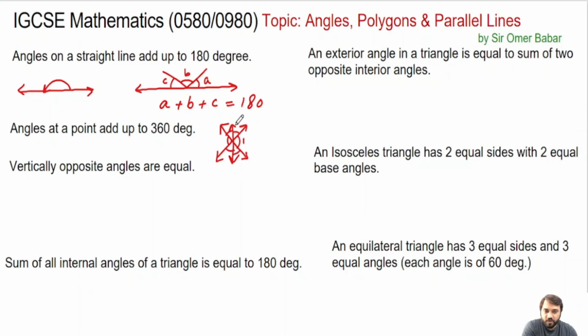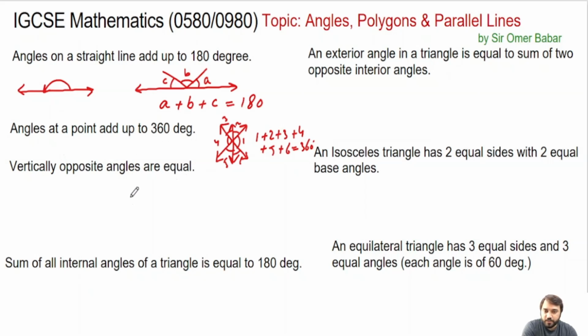If we name them 1, 2, 3, 4, 5, 6, then if you add them, 1 plus 2 plus 3 plus 4 plus 5 plus 6 is equal to 360 degrees. So angles at a point add up to 360 degrees.